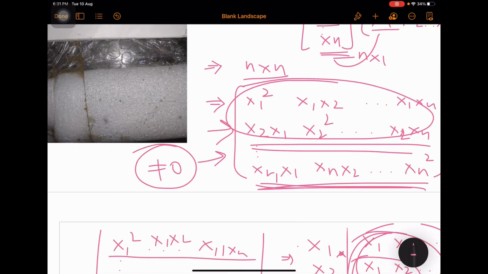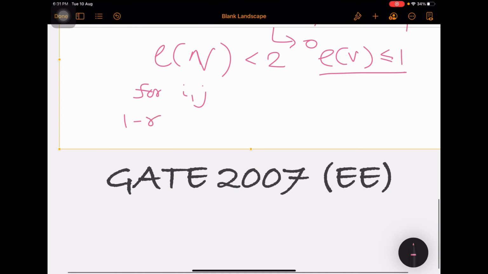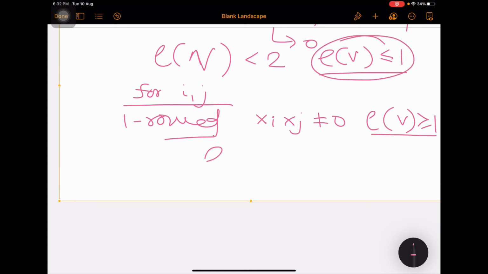If we talk about a one-row minor here, then some xi into xj will be non-zero for some i and j, because both are non-zero entries. So rank of V from here becomes greater than or equal to 1, right? And from above we got it less than or equal to 1. So rank of V is clearly equal to 1.